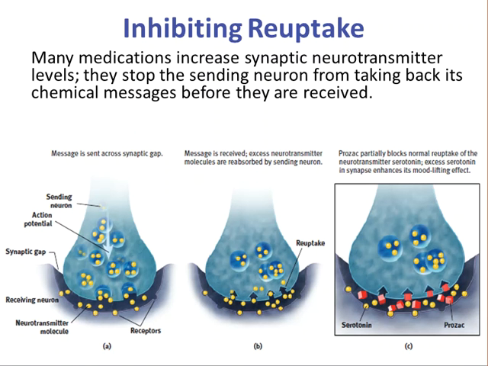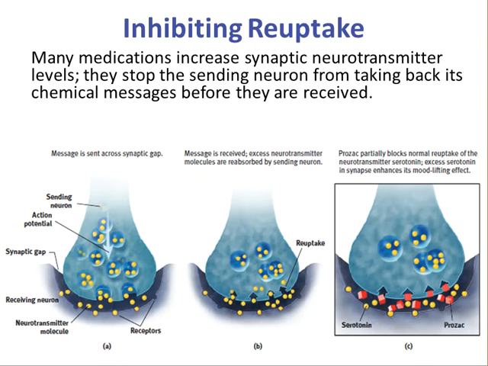Inhibiting reuptake. Many medications increase synaptic neurotransmitter levels. They stop the sending neuron from taking back its chemical messages before they are received. As we've talked about in previous classes, the terminal branch of the axon releases the neurotransmitter that travels across the synapse to the receptor sites of the receiving neuron.